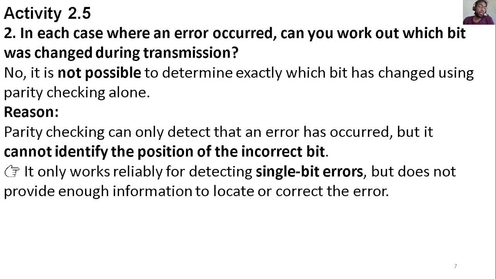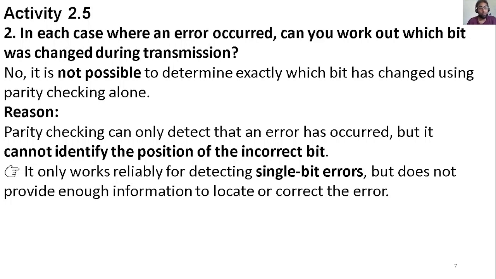Now this is the second question of this activity. In each case where an error occurred, can you work out which bit was changed? We cannot identify which bit got changed during data transmission. It is impossible by using parity checking. Parity checking can only detect that an error has occurred. It cannot detect what error, where, or which bit is removed or skewed.